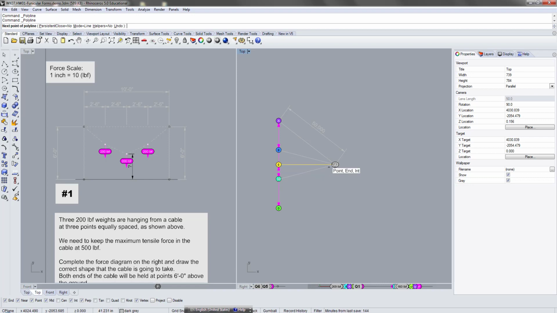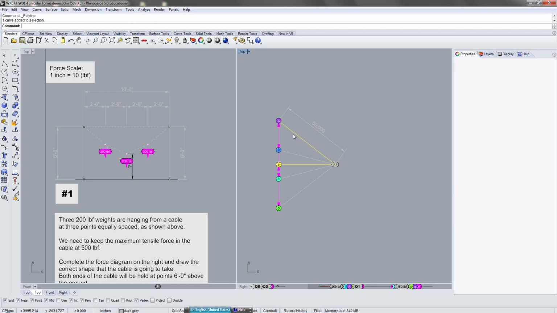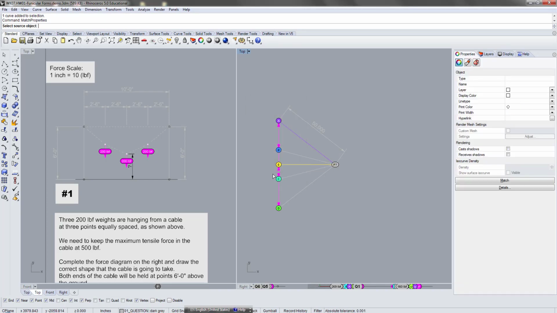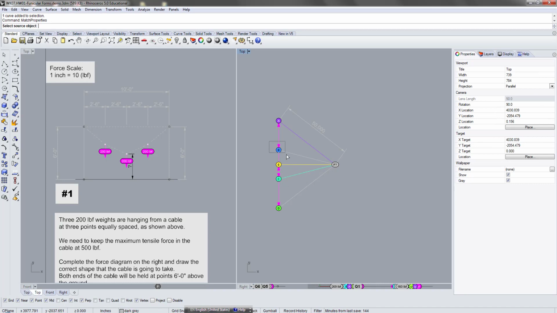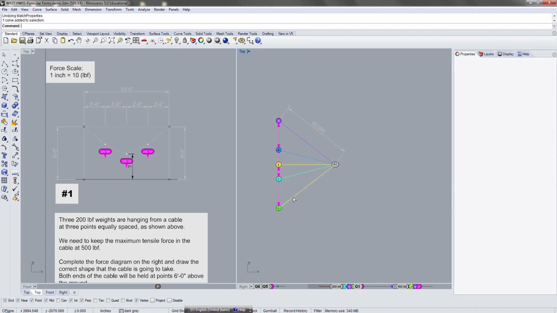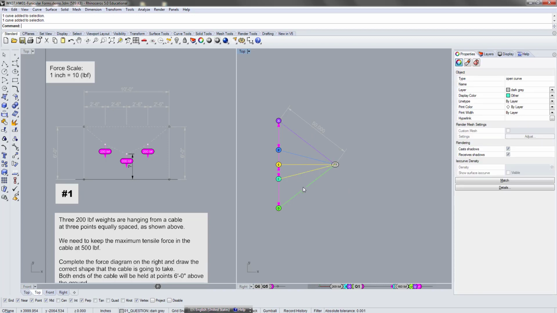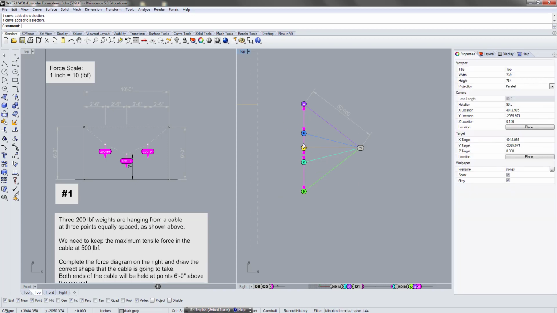Keep drawing these lines. So that's where point P needs to be, and these are the angles that the cables need to take.